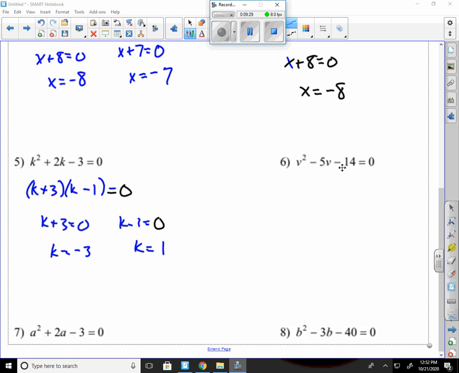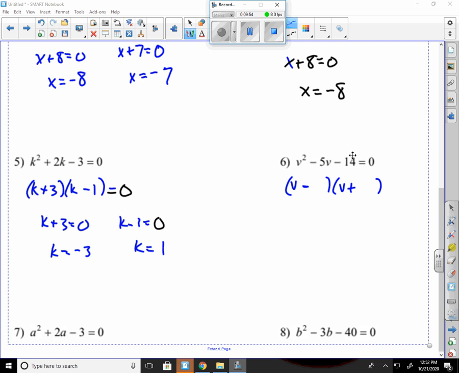V squared minus 5v minus 14. V squared is v times v. What multiplies to give me negative 14 and adds to give me negative 5? Since this is a negative and this is a negative, then that makes this a negative and a positive.